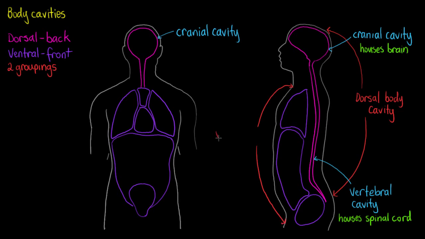Now we have the superior mediastinum, which is one of the first subdivisions of our ventral body cavities. So the ventral body cavity encompasses everything from front view and side view.